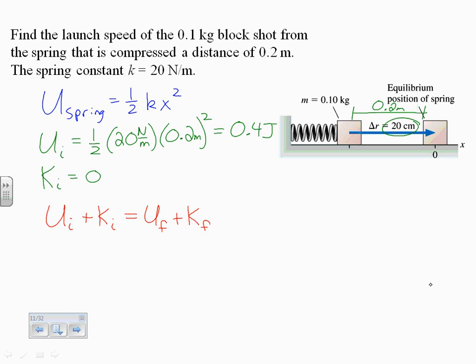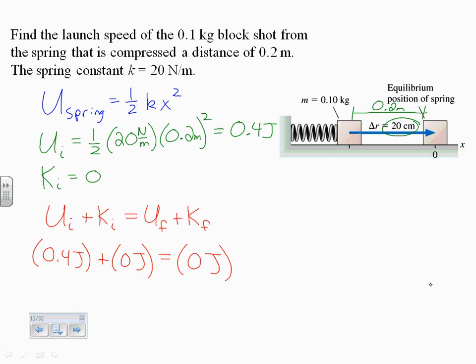So if we put in our values, we have that the initial potential energy was 0.4 joules. The initial kinetic energy was 0 joules. At the end, the spring is not compressed at all, so the potential energy stored in the spring now is 0. And if we wanted to find the final kinetic energy, we would just leave K final in our equation.